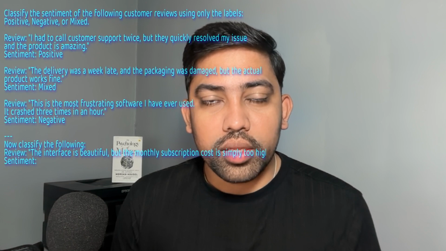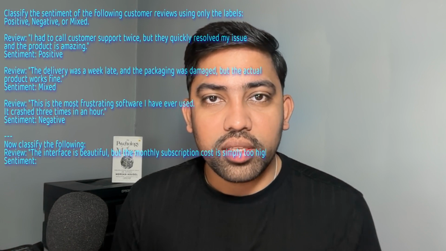Few-shot prompting. As the name suggests, you have to give a couple of examples, maybe 3 or 4 examples, to the LLM to assist in answering your question. For example, if you want to analyze customer reviews, along with the customer review and your question, you have to give examples to the LLM. Your prompt will be, hey, can you classify this customer review?